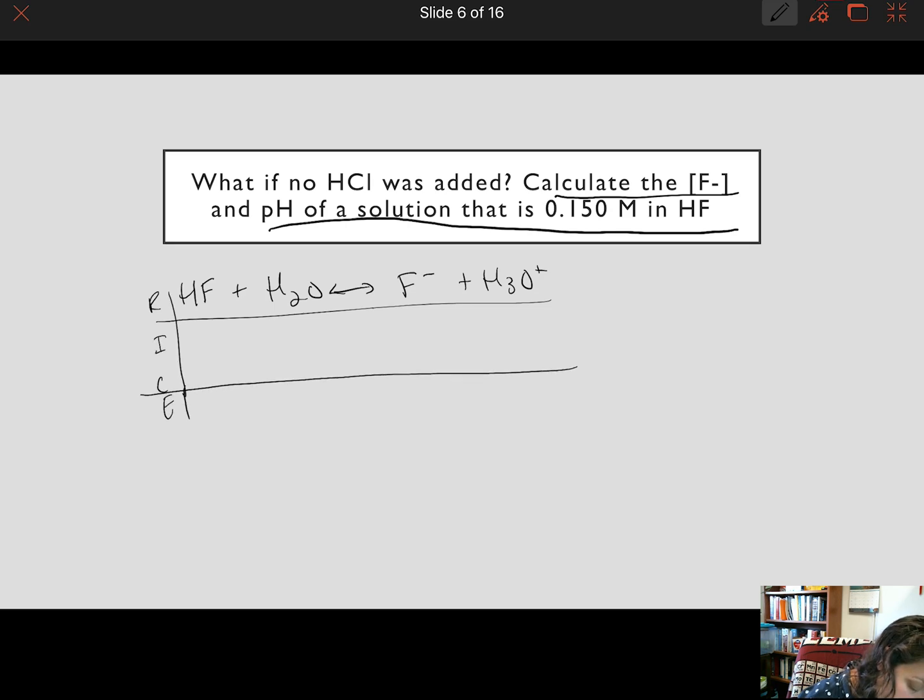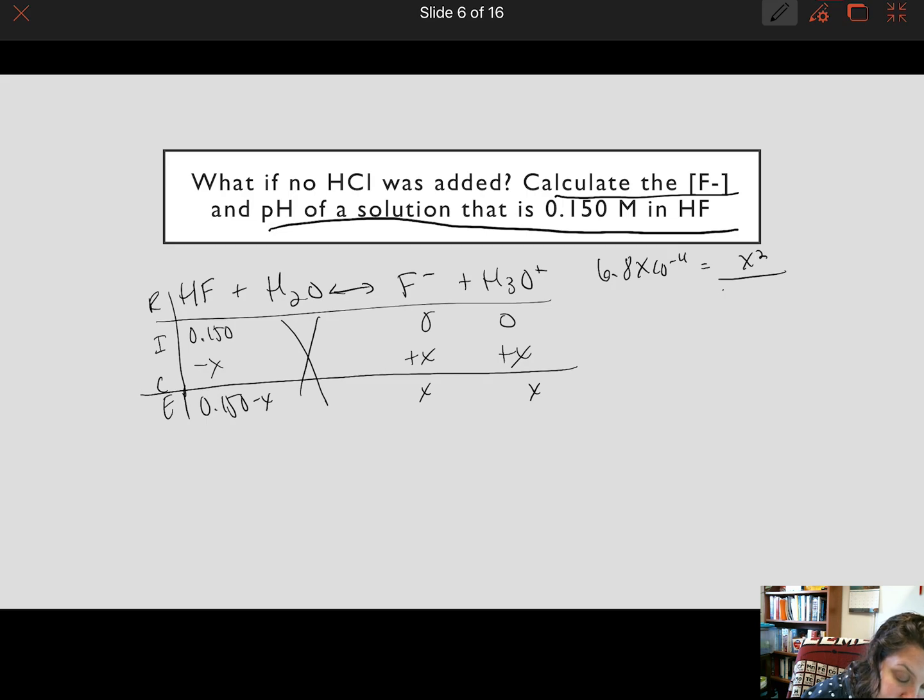So if we were to do that math, we'd start out with 0.150 molar there, and we'd start out with nothing over here, minus x, plus x, plus x. Put this into our equation. 6.8 times 10 to the negative 4 is equal to x squared divided by 0.150 minus x. When we multiply across and combine, we get x squared plus 6.8 times 10 to the negative 4 x minus 1.02 times 10 to the negative 4 is equal to 0.